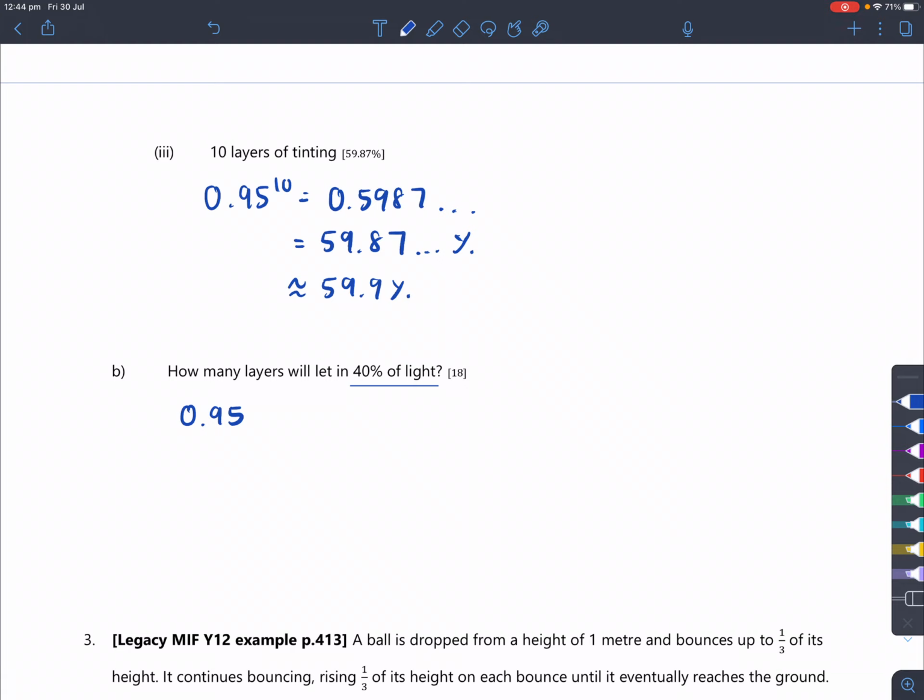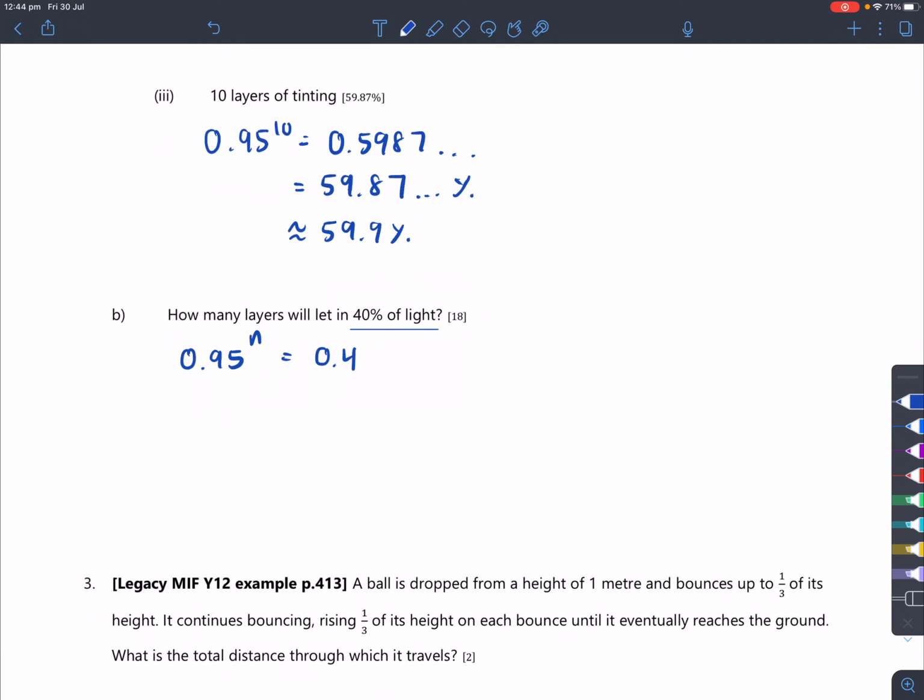So we raise this base to the power of n equal to 40%, which is the same thing as 0.4. And you know that we have to use logarithms now to find the value of n. So log both sides and put n at the front, and that's equal to natural logarithm of 0.4. We divide log of 0.95 over, so that n is log of 0.4 over log of 0.95.